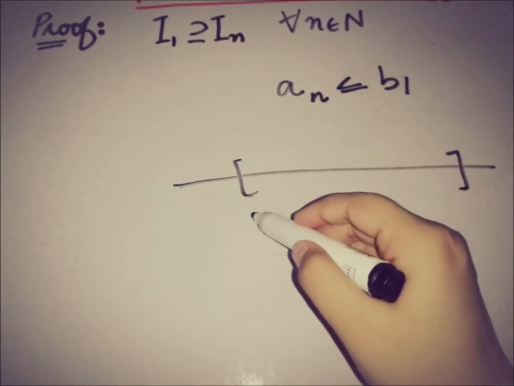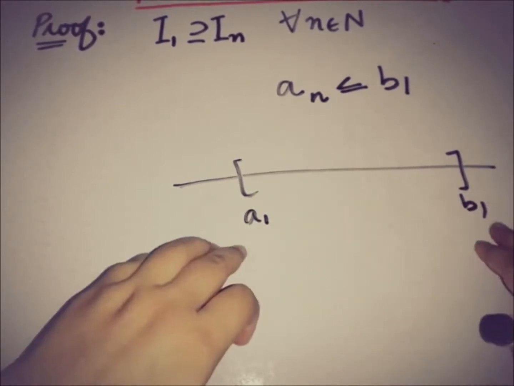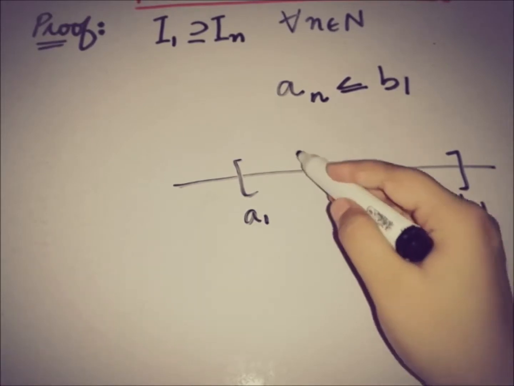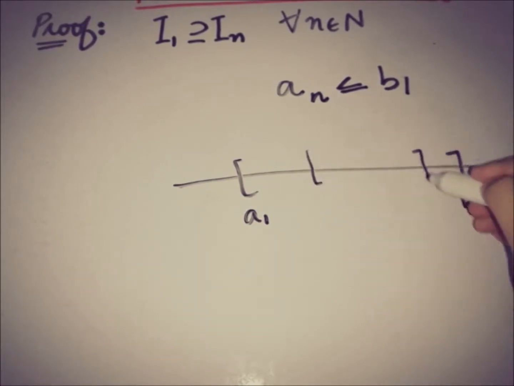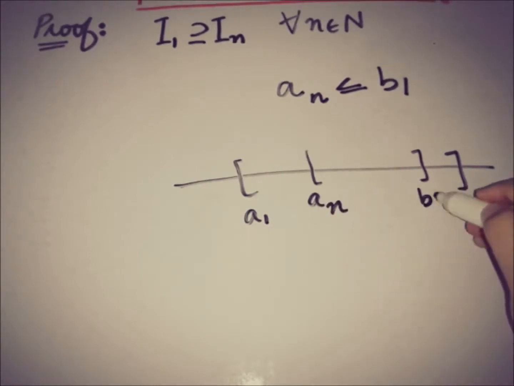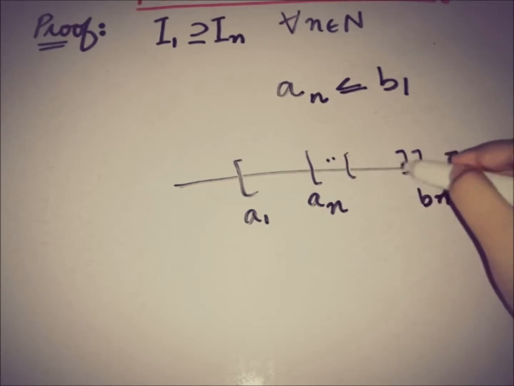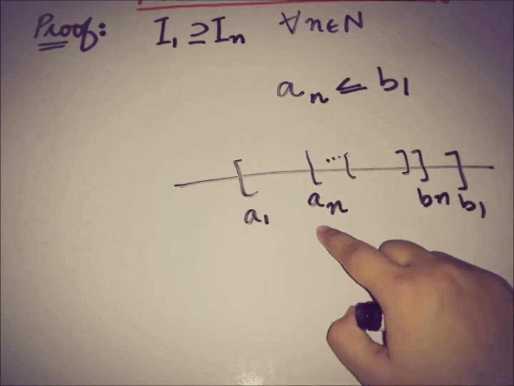Let A1 and B1 be the endpoints of interval I1, and let In be an interval with endpoints an and bn, and so on in this sequence.